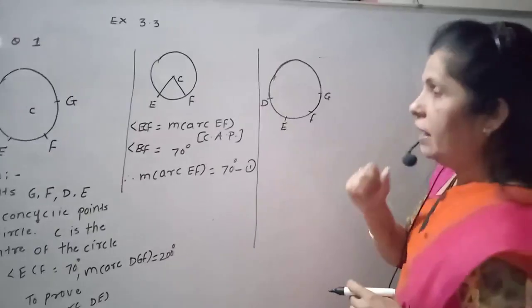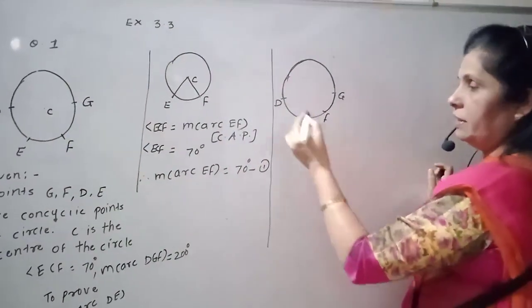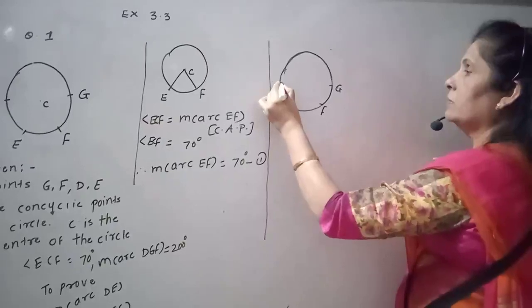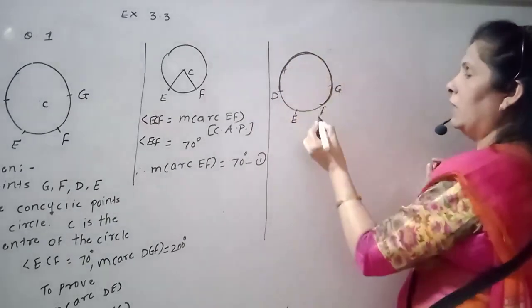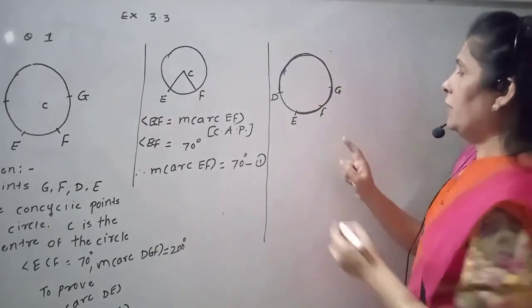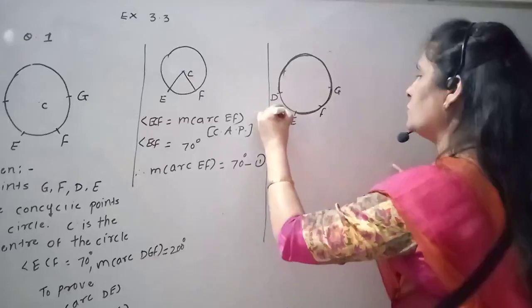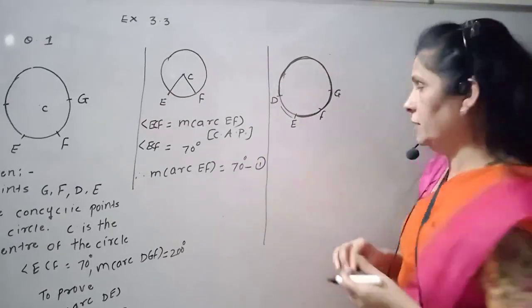Now I have the value of DGF and EF. Okay, if I add the measure of arc DE, then the whole measure will be 360 degrees.